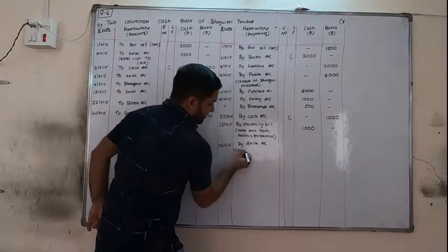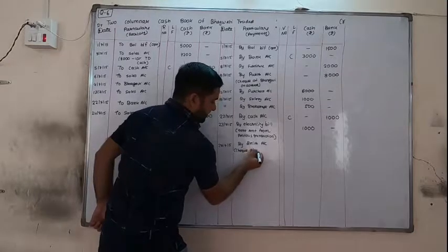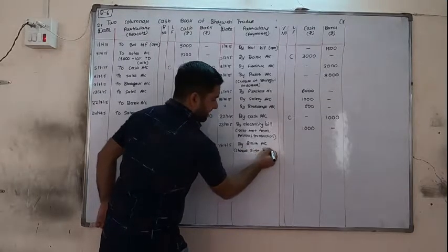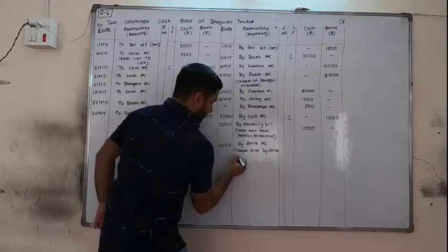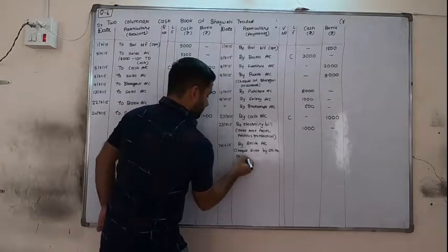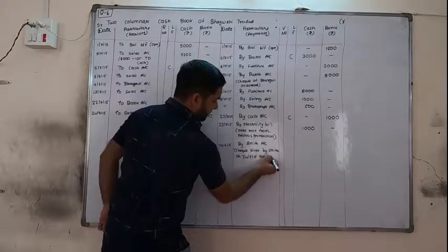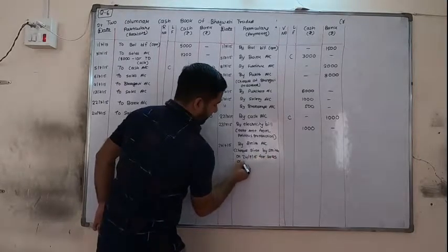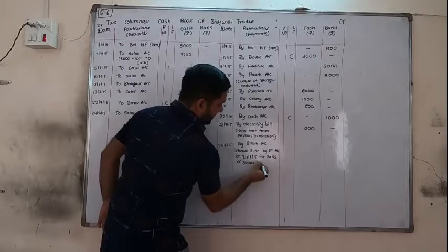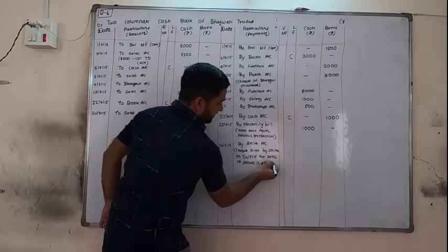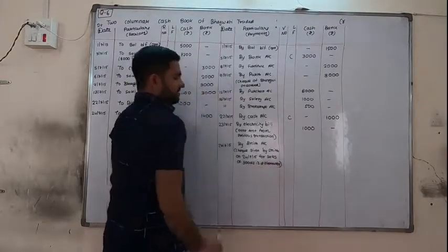And here: check given by Smith on 24/7/15 for sales of goods is dishonored, means rejected.